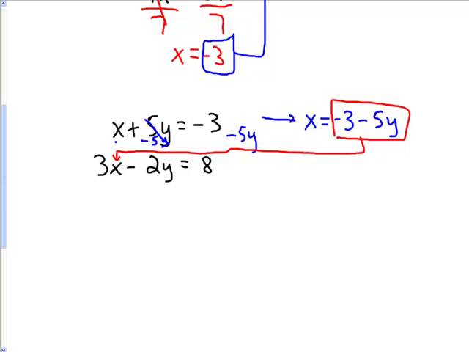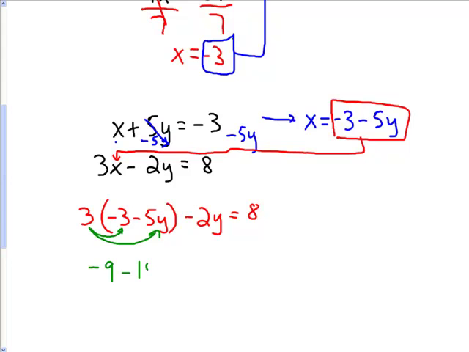So now let's rewrite the second equation: 3 times negative 3 minus 5y, minus 2y equals 8. I see I have some distribution going on here, so I'm going to distribute 3 to both terms in the parentheses and get negative 9 minus 15y minus 2y equals 8.